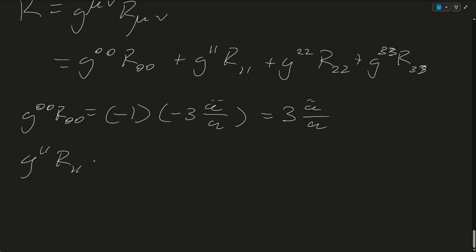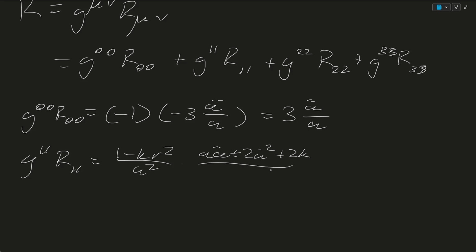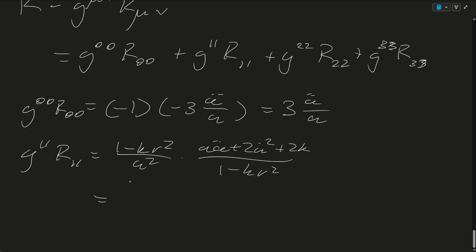G11 R11 is equal to 1 minus kr squared over a squared times a double dot plus 2a dot squared plus 2k over 1 minus kr squared. And this is a double dot plus 2a dot squared plus 2k over a squared.